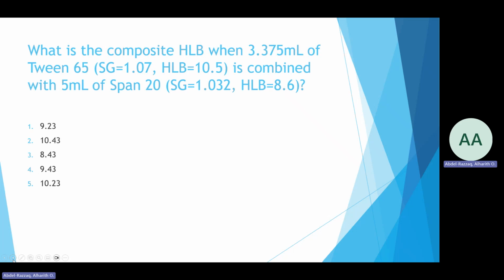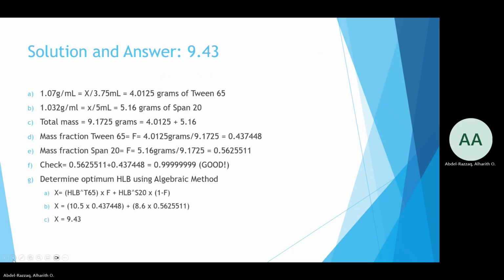I listed the specific gravities for both, as well as the HLBs of both, so that should make it easier. Refer back to the slide with the formula if you want a hint. And our correct answer is going to be 9.43.